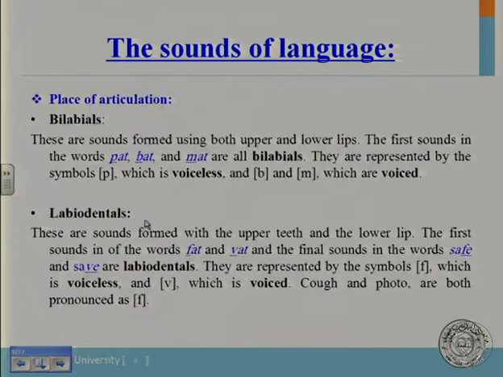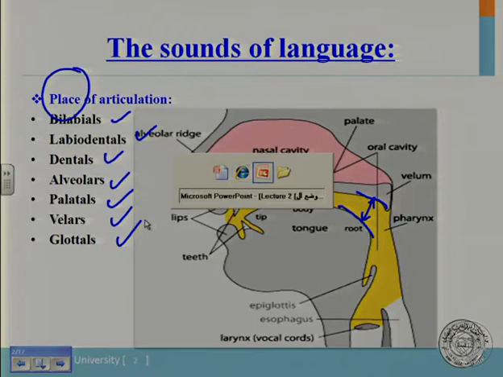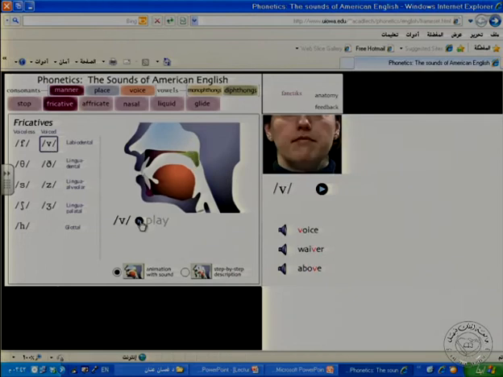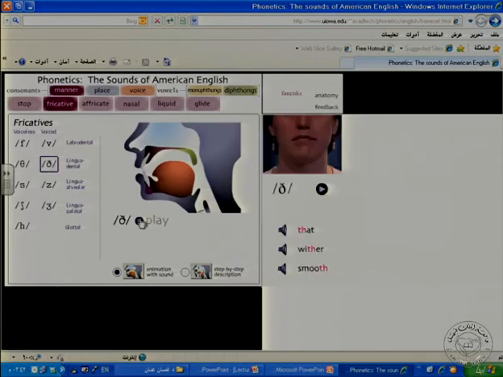Do you remember? This one? Vocal chords. You can feel the vibration here. Z, z, z. See this one? V also. You can feel the vibration in these sounds as also in the.